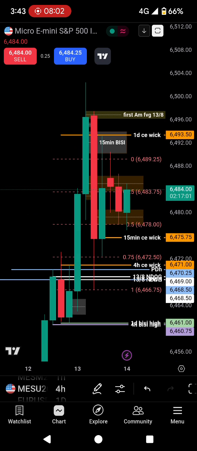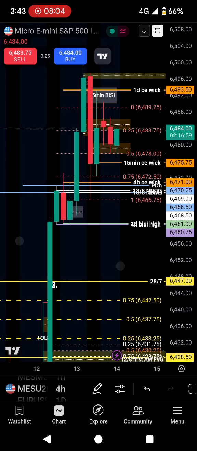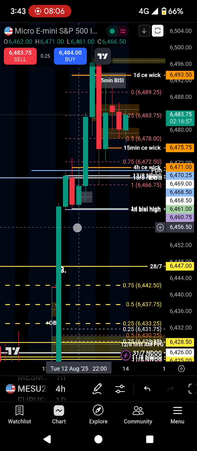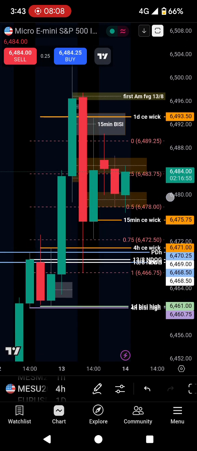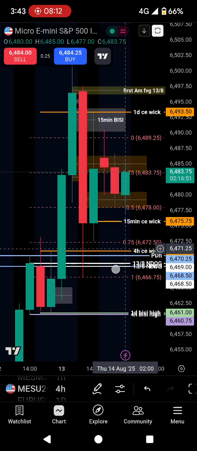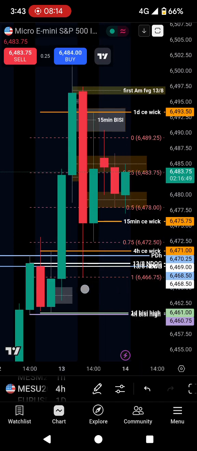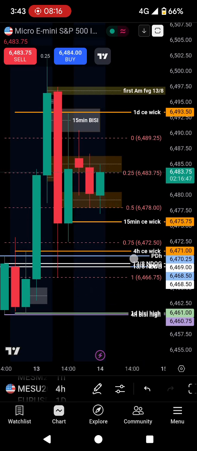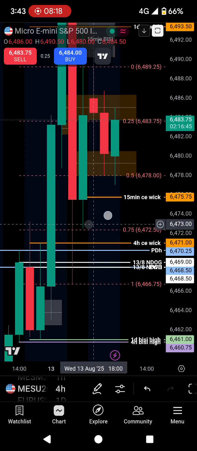On the 4 hour chart, things are looking bullish. BC here, failed to trade back into it. Then again BC here, traded back into the BC, holding support at the new opening range gap. One thing I want you to see is this also.